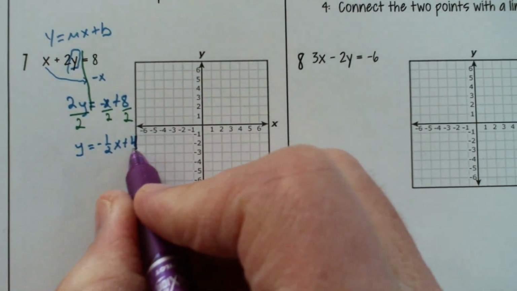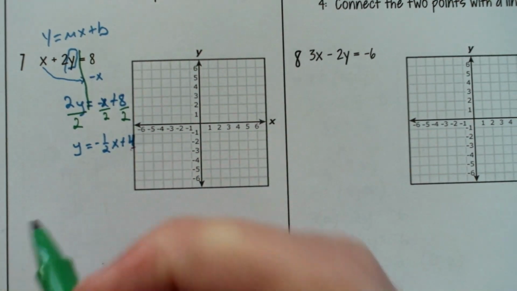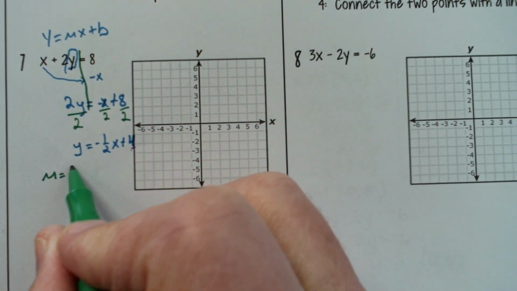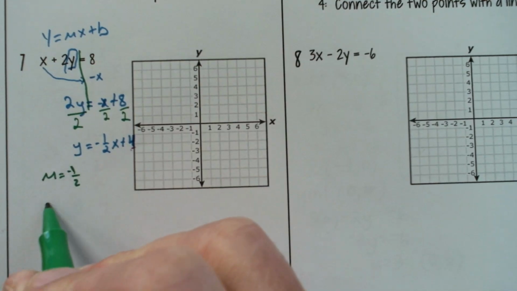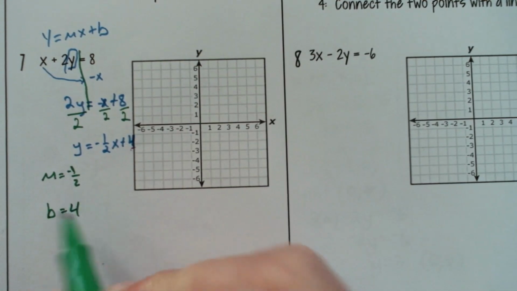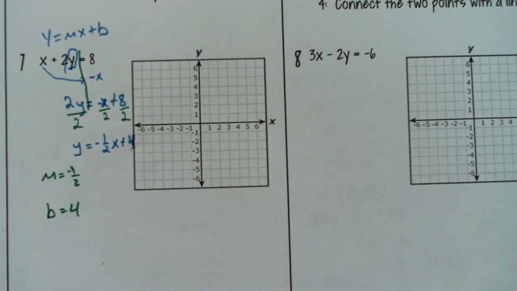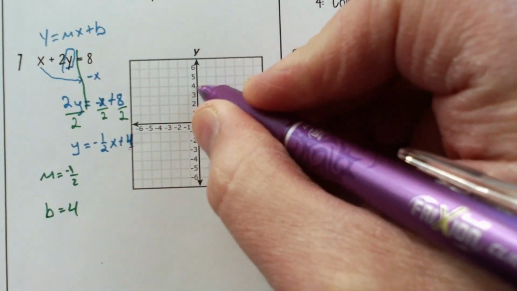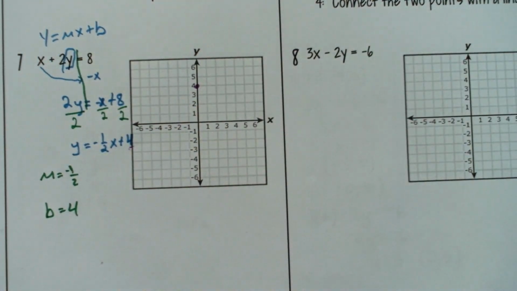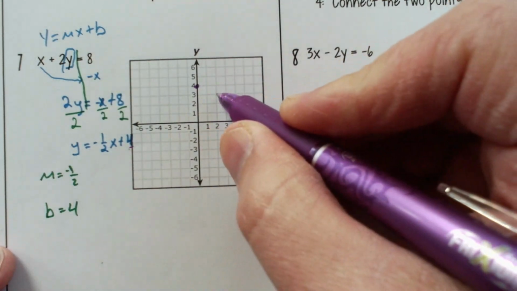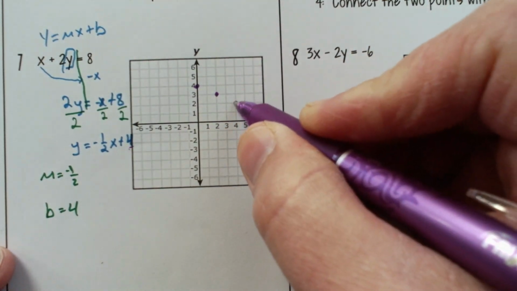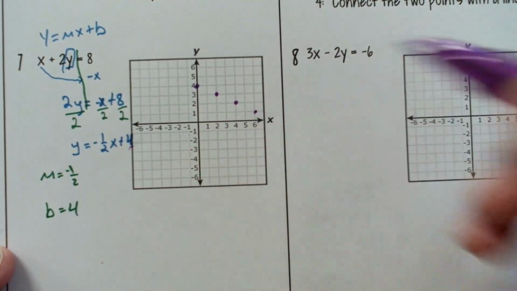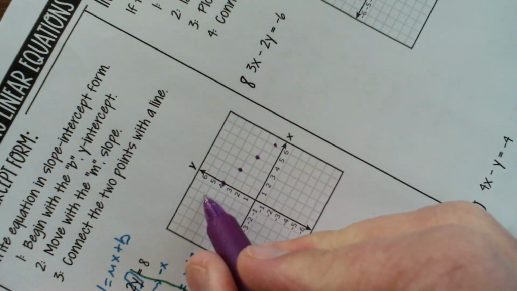My slope is negative 1/2. My y-intercept is 4. I start here, and because my slope is negative 1/2, I go down 1 over 2, down 1 over 2, down 1 over 2. Then I can connect my line.